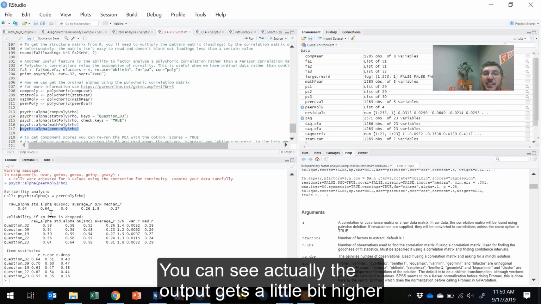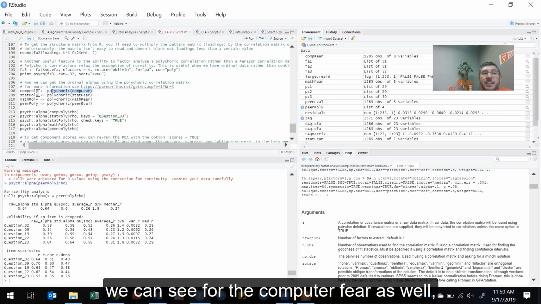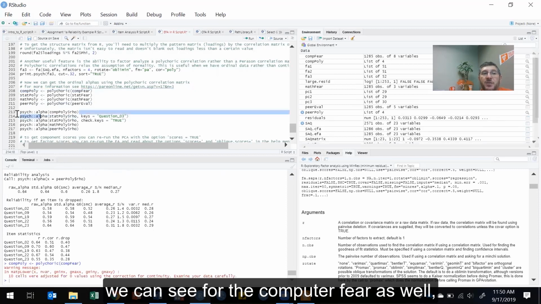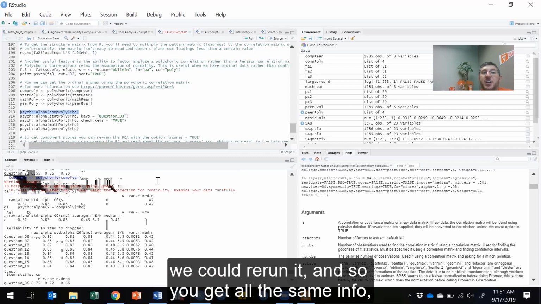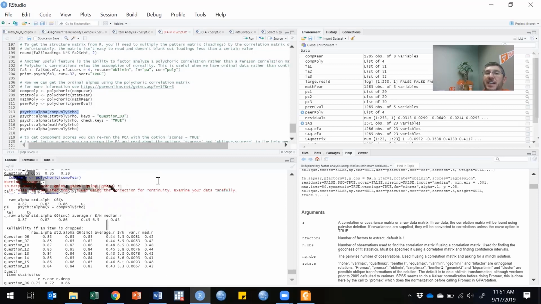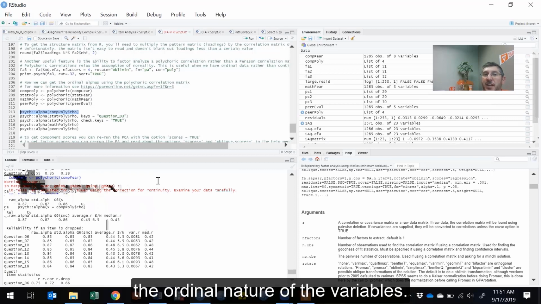You can see actually the alpha gets a little bit higher than what it was before. We can see for the computer fear as well. We could rerun it. So you get all the same info. You just basically now take into account the ordinal nature of the variables.